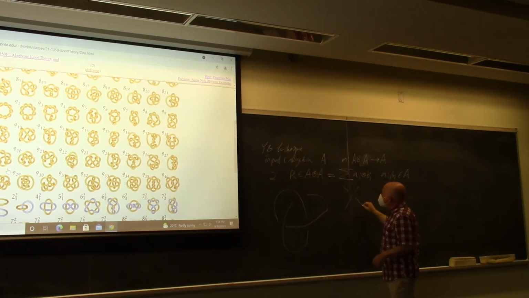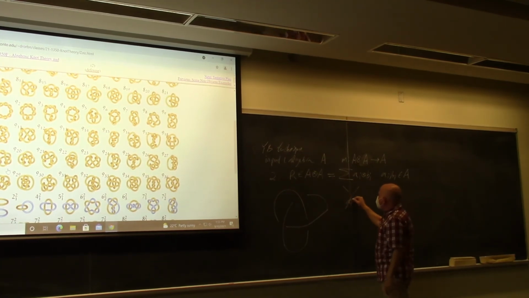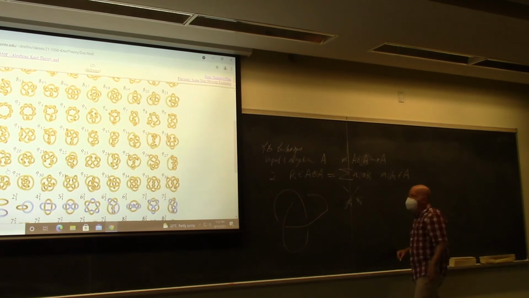So every time you see a crossing, you put on it a copy of R. What does it mean? It means that the crossing has 2 strands involved, an upper strand and a lower strand, and you put the a's on the upper strand and the b's on the lower strand. So you put a_i here, b_i here. And you do it for each of the crossings.